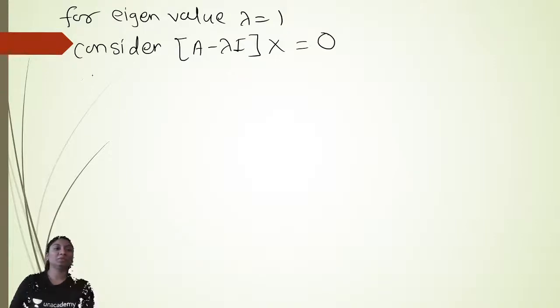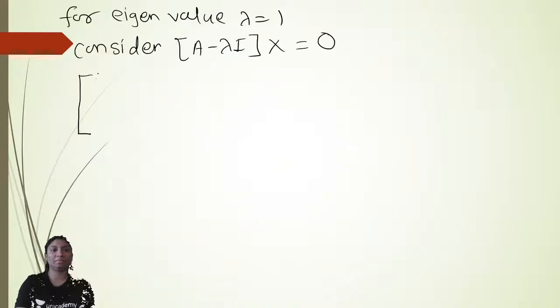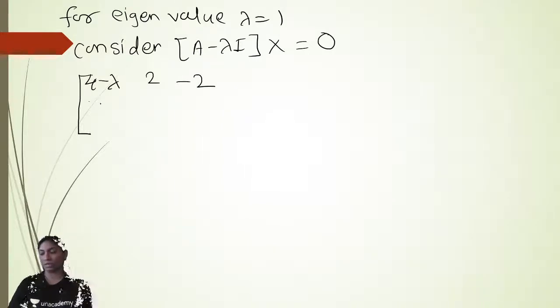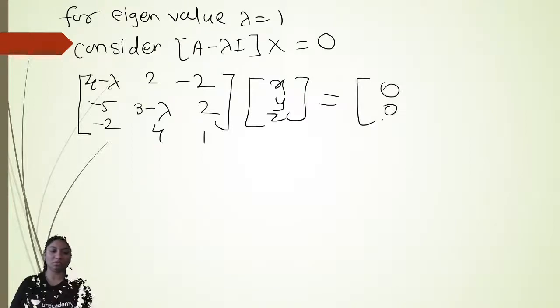So your A minus lambda I means you will get the matrix with 4 minus lambda, 2, minus 2, then minus 5, 3 minus lambda, 2, then minus 2, 4, 1 minus lambda, into the eigenvector x, y, z is equal to 0, 0, 0.